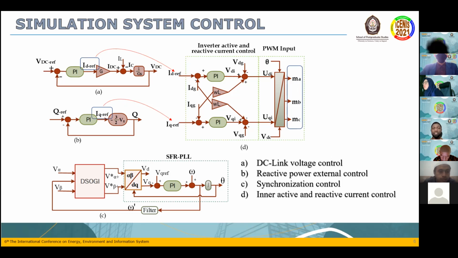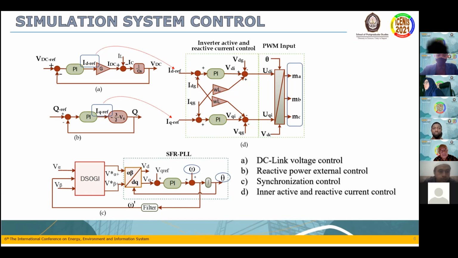As we see, this internally controls the active and reactive power injected into the grid. The synchronization of this power is done by a DSO and GI based PLL, in which the frequency and the phase are estimated to convert the ABC signals to DQ signals for synchronization.